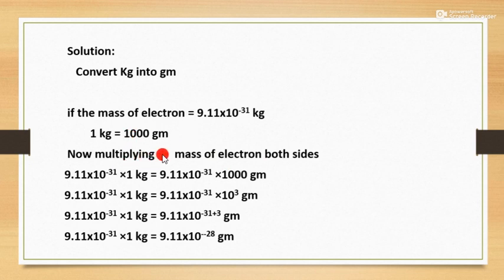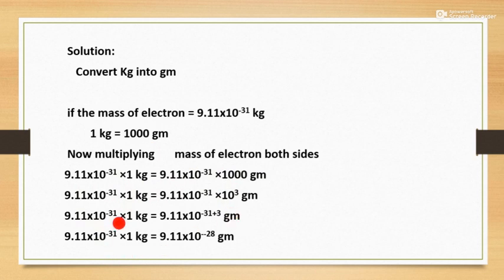Now multiplying the mass of electron on both sides, 1 gram stays as it is, kg stays as it is, and 1000 is converted into 10 raised to 3. This is the exponential part, called prefix, a scientific notation.